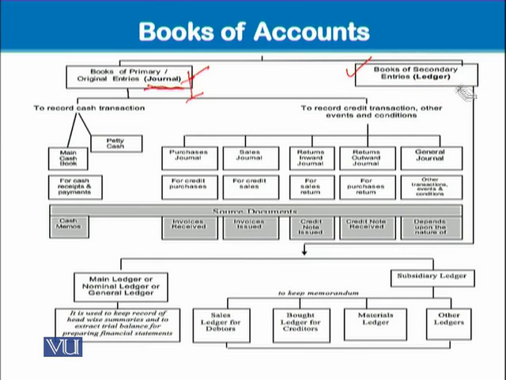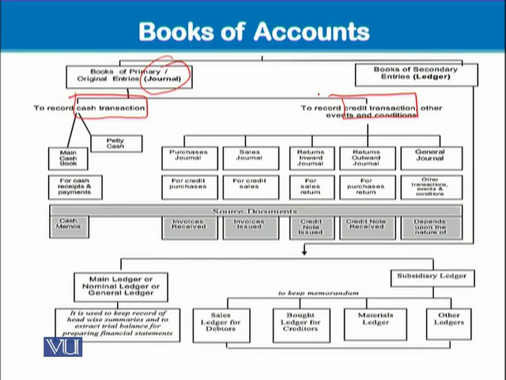We will discuss journal first. Journal is the book of original entry, which is also known as book of primary entries. Journal is the first book of account in which financial information is recorded. Broadly speaking, we segregate journal by the nature of transaction.